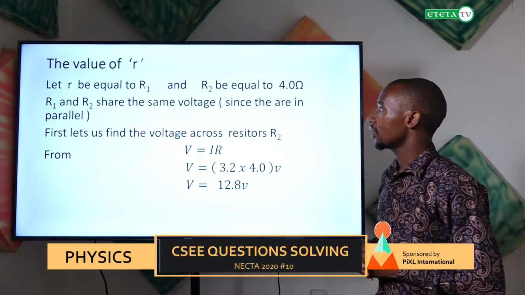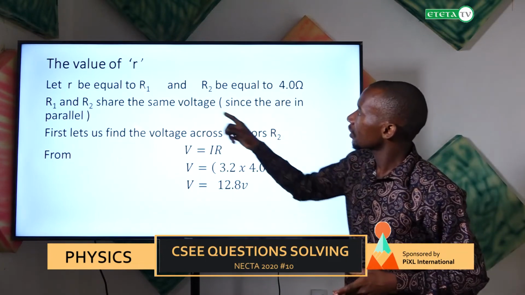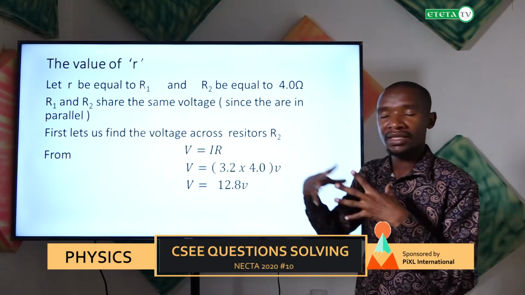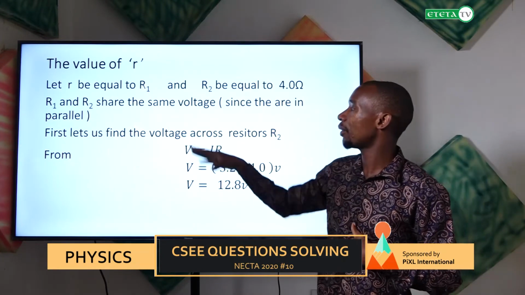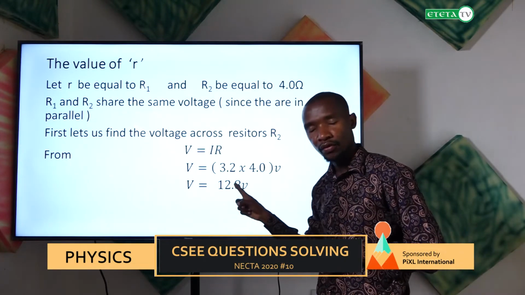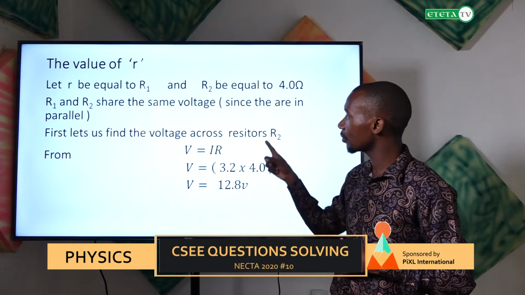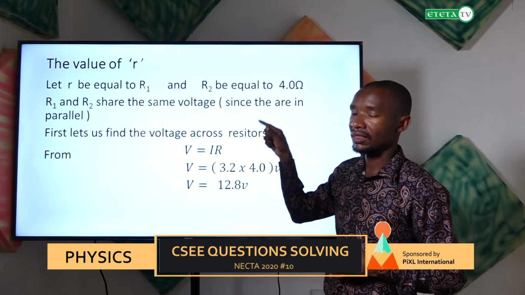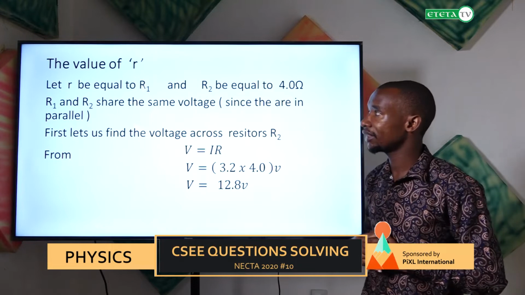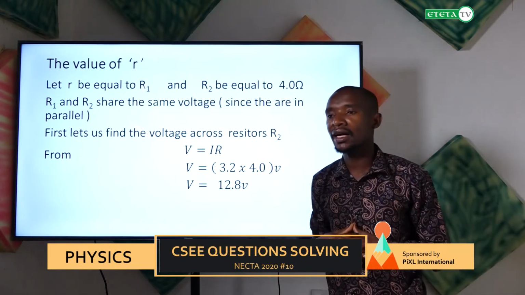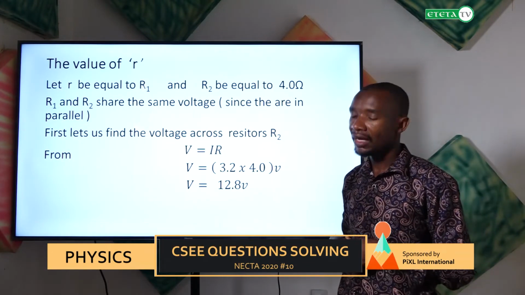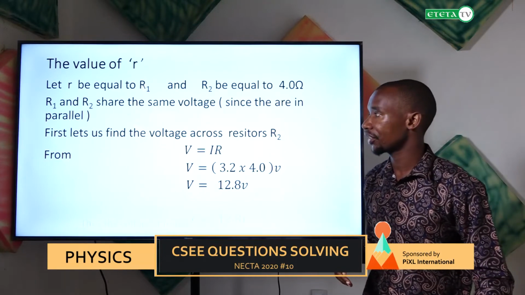As I said, R1 and R2 share the same voltage since they are in parallel. We use this voltage, which is across resistors 2 and 1, in order to find the resistor R1 or small letter r, which is given in our question.